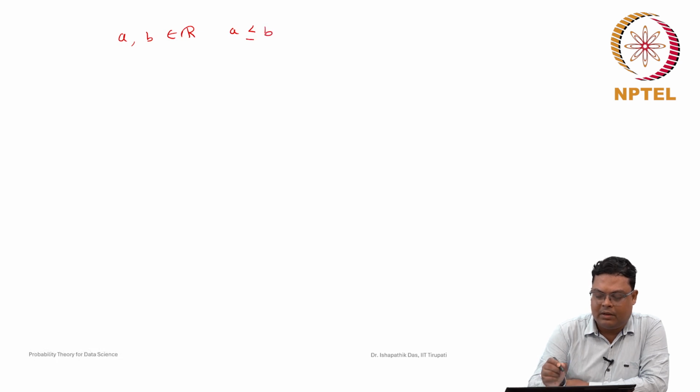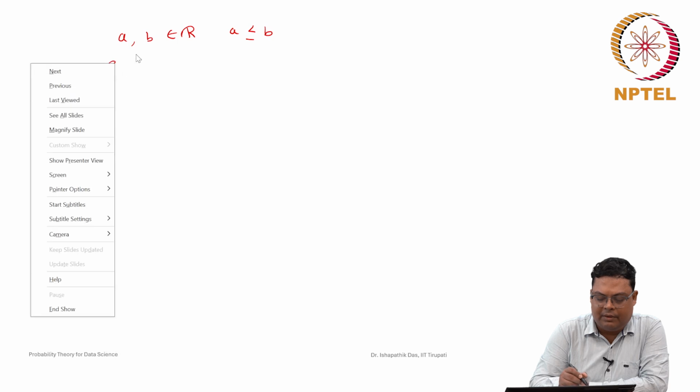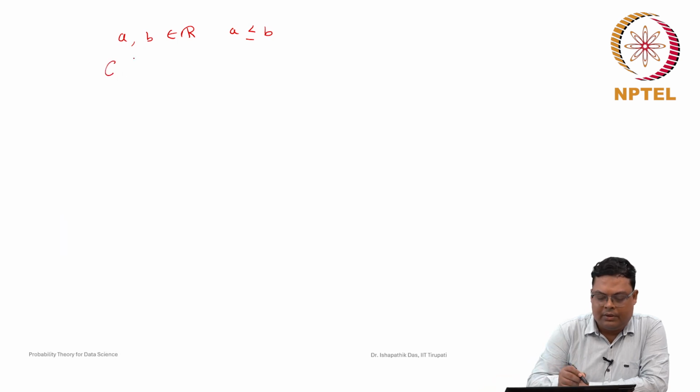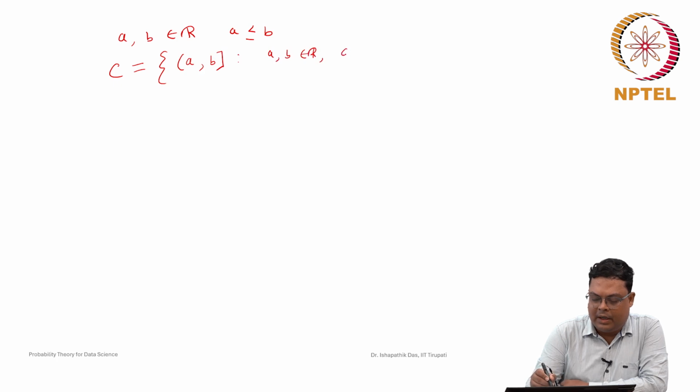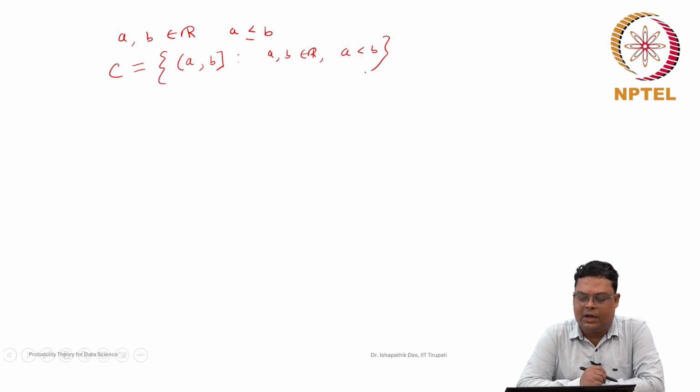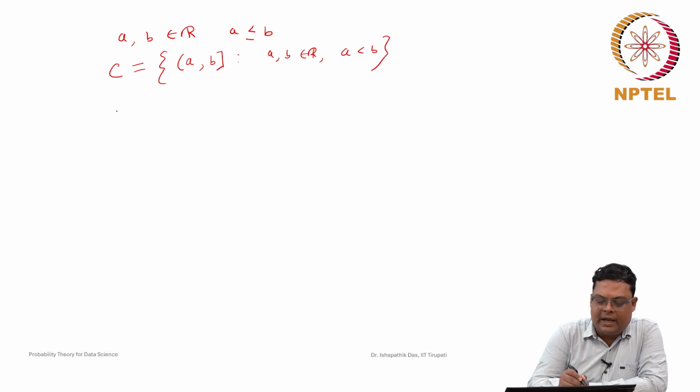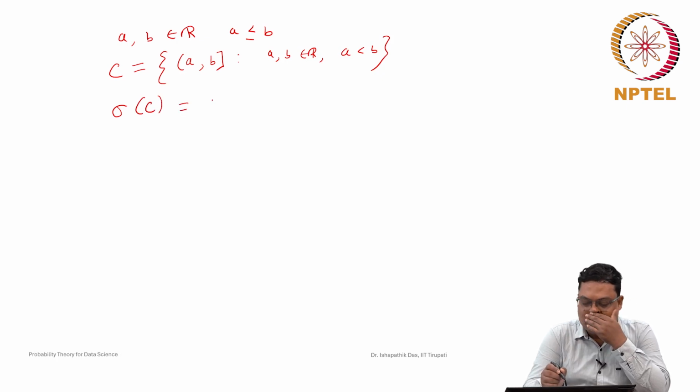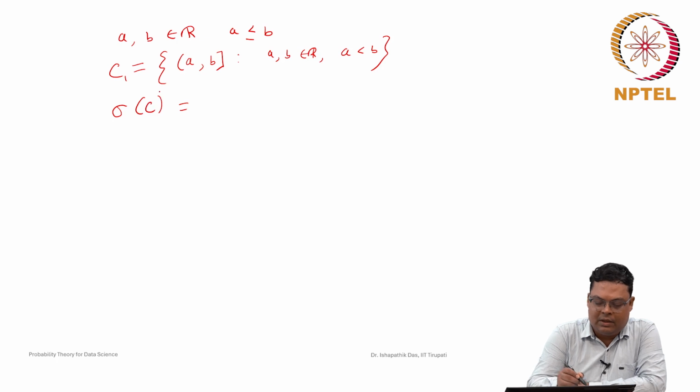Now consider a sub-collection, let us denote it C1, consisting of all intervals (a, b] such that a is a real number, a less than b. If you consider this collection and take the sigma field generated by C1.